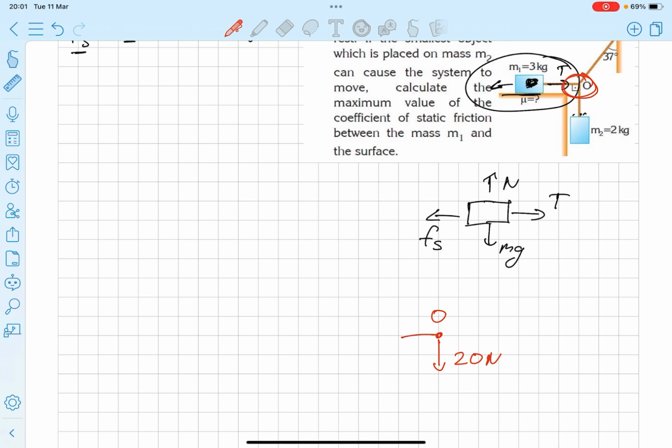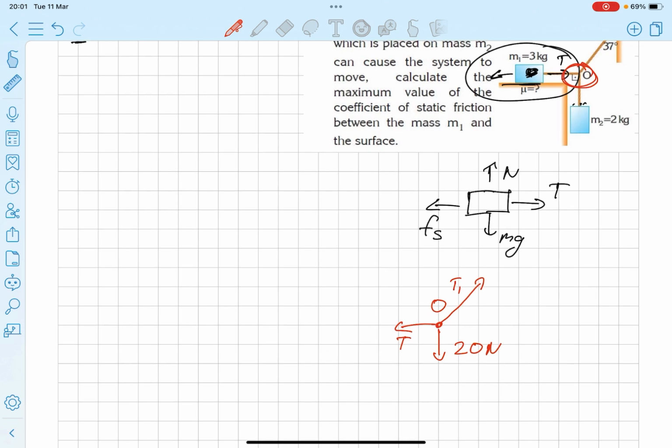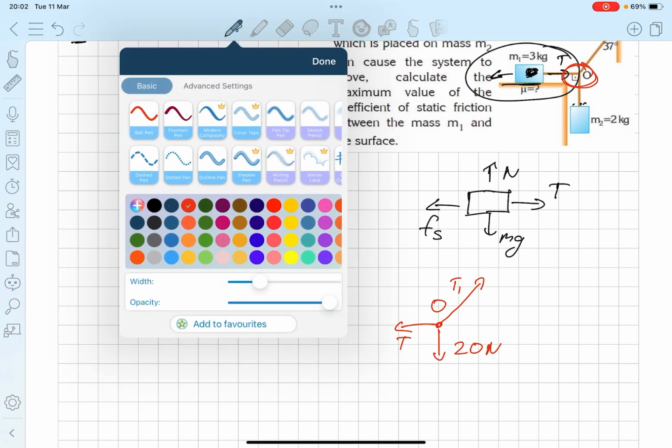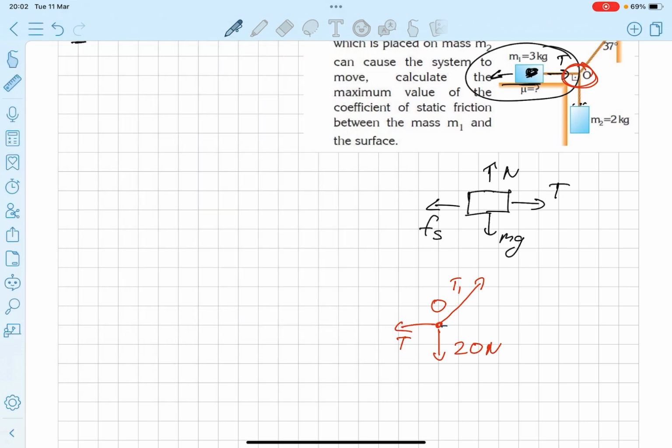Backwards it's pulled by the tension T, and upwards it is pulled by another tension, let it be tension 1. These two tensions and the force are perpendicular to each other, so we have to separate this tension 1 into two components, yeah? It is tension 1 by x, and upwards it is tension 1 by y.